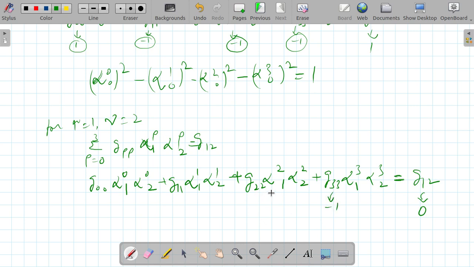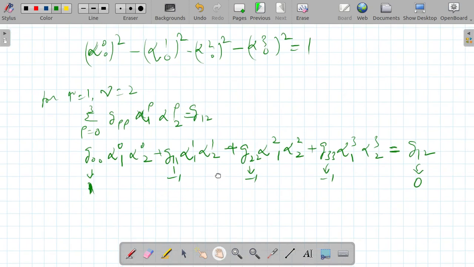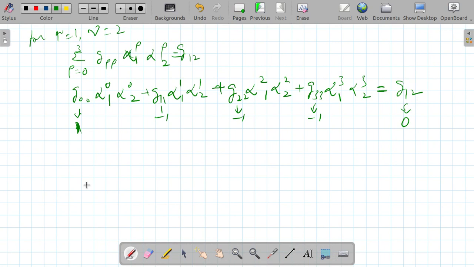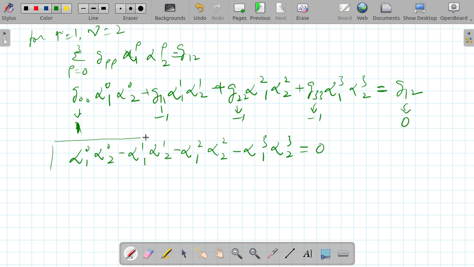Its value is minus 1, its value is minus 1, its value is minus 1, and its value will be 1, right? So if I substitute these values, this equation becomes alpha 01 alpha 02 minus alpha 11 alpha 12 minus alpha 21 alpha 22 minus alpha 31 and alpha 32, and it must be equal to 0.